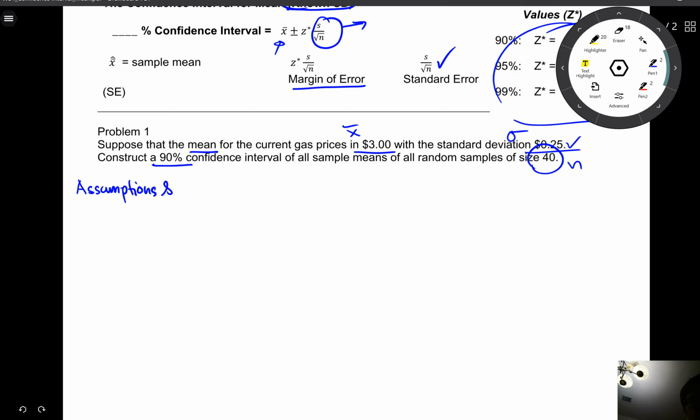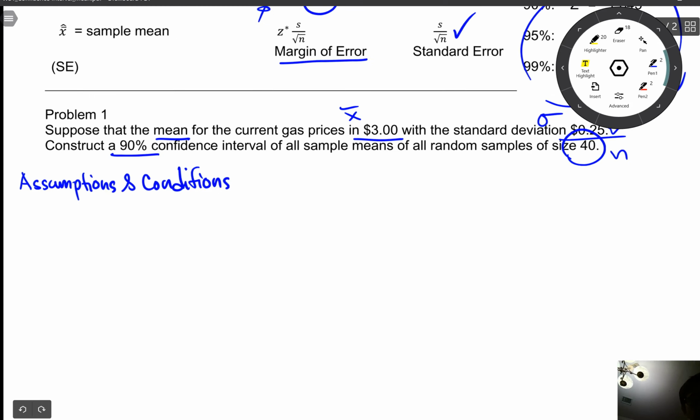Assumptions and conditions. Again, there are three conditions which came from the Bernoulli trials, and let's start with the randomness.